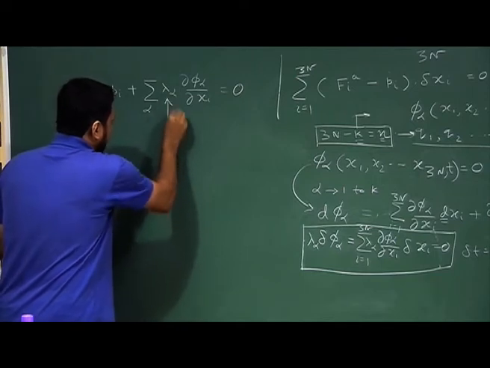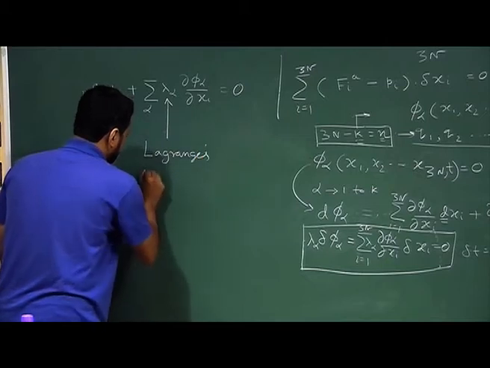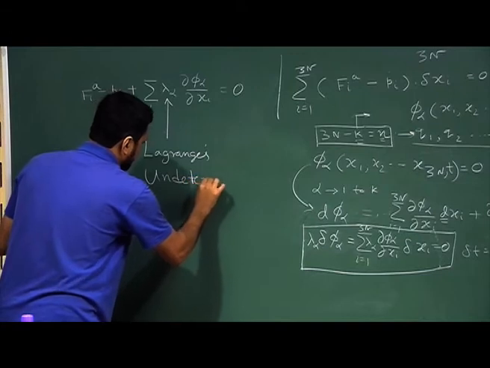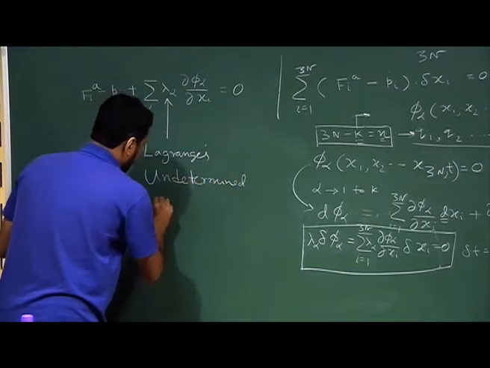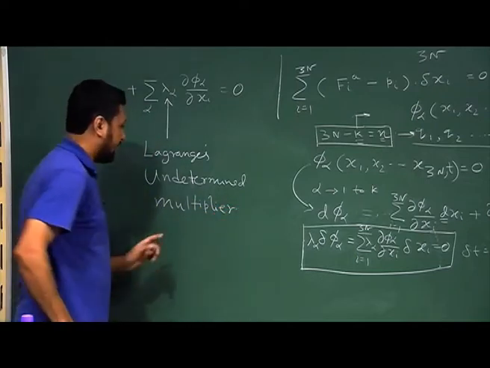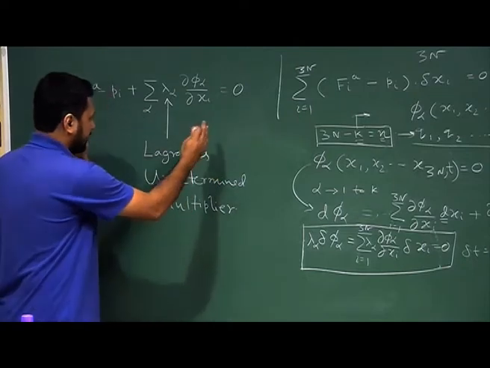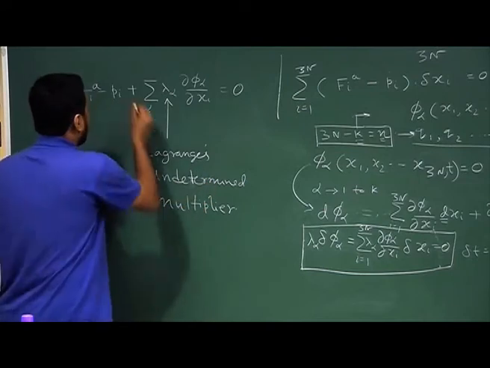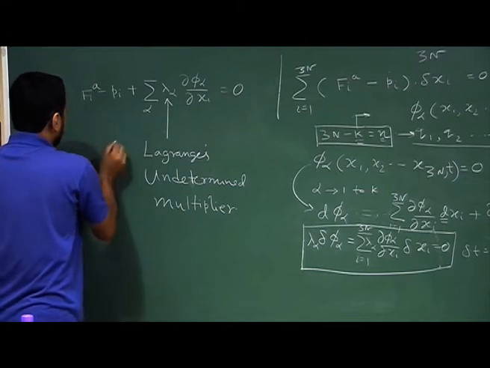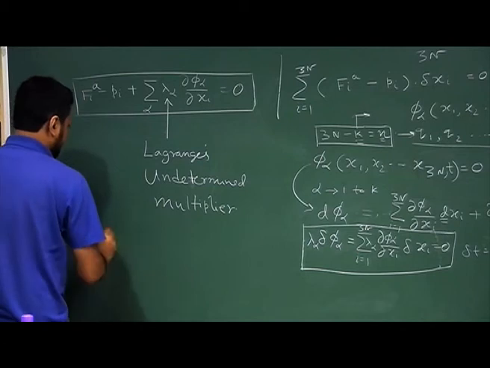This multiplier is called Lagrange's undetermined multiplier, and the final equations we get are called the Lagrange equations. I think I can write here, right. This family of equations is called Lagrange's equation of first kind.